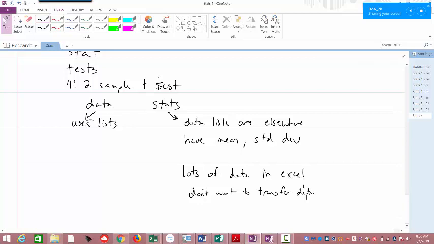You don't have the TI Connect software. Excel will give you a mean. Excel will give you a standard deviation. It gives you your number of items, but unless you have the statistics add-in, you can't do the t-test in Excel.